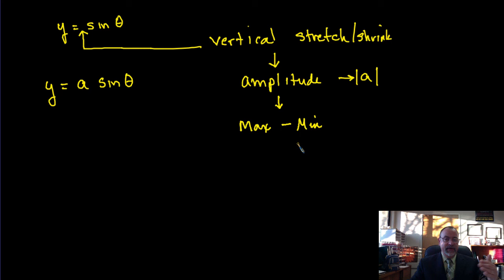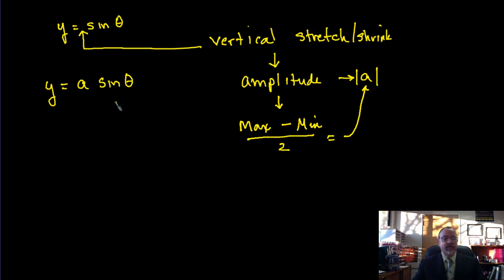And again, that may be searching a table, it may be a description in the word problem, or it may be just looking at a graph and grabbing that minimum value out. You take the maximum value, subtract the minimum value, you divide it by 2, and that will give you your amplitude. Okay? So the vertical stretch or shrink is the max value minus the min value divided by 2.